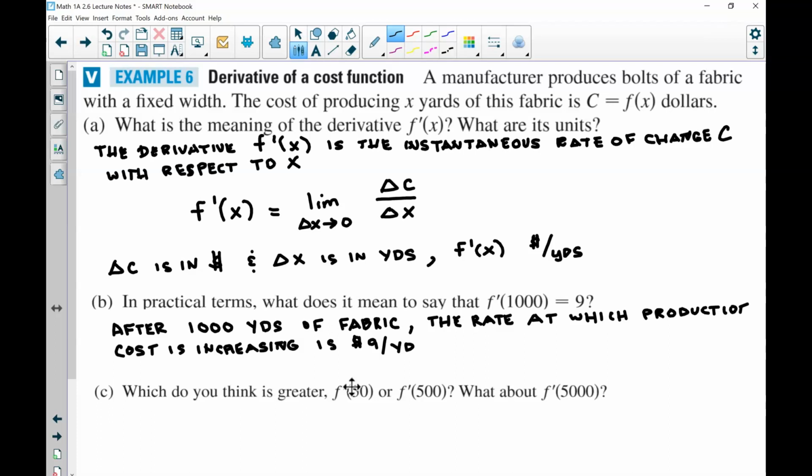Now, the rate at which the production cost is increasing per yard is probably lower when x is 500 than when x is 50, because the cost of making the 500th yard is less than the cost of the 50th yard because of the economies of scale. So we could say that f prime of 50 is greater than f prime of 500.